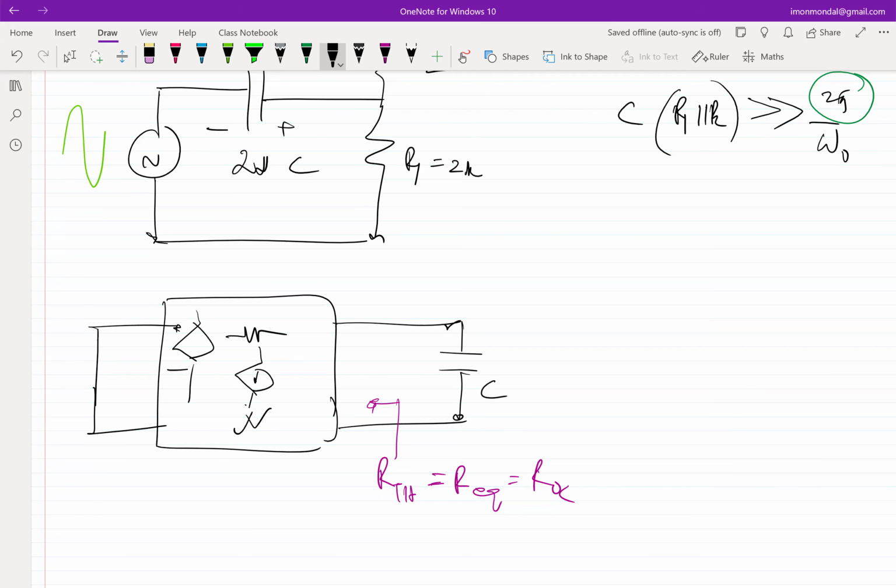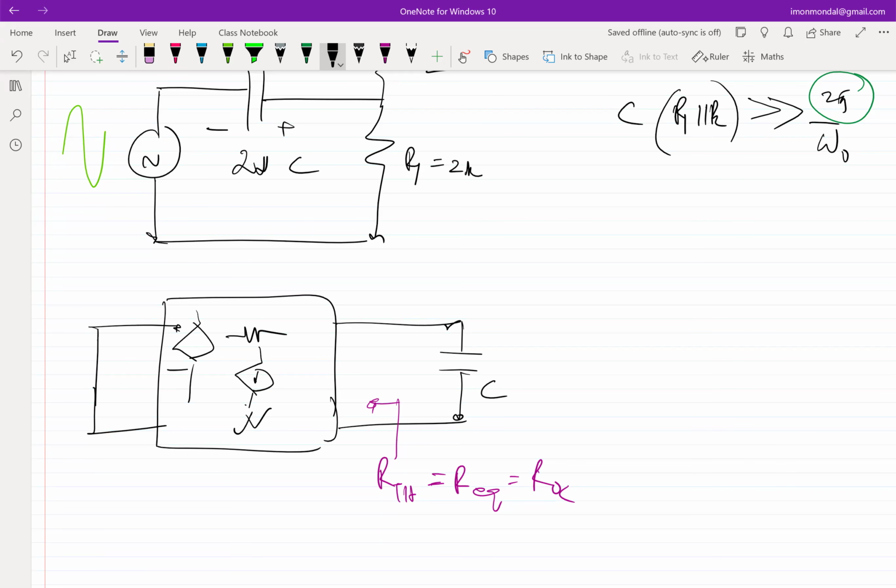Okay, last thing before we leave. This is the condition where we want the capacitor to behave like a short circuit. If we want the capacitor to behave like an open circuit for a certain frequency omega naught, what should be the condition? The sign should be reversed, essentially, right? So the RC time constant should be much, much lesser than 1 over omega naught. You will see later on that in some cases we will be faced with conditions where we want the capacitor to behave like an open circuit, and in those cases this will come in handy.